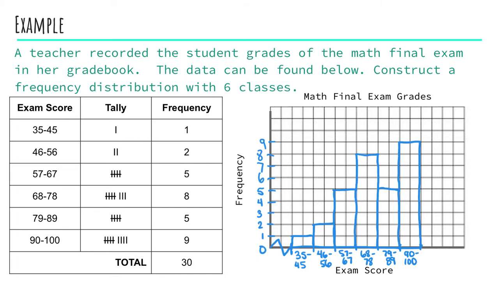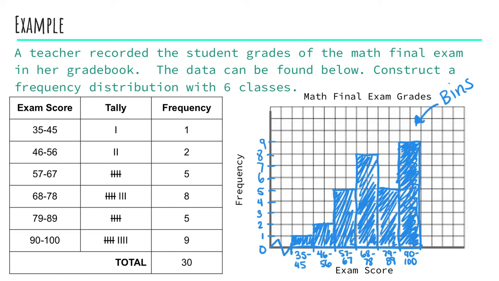After you have outlined all of your bins, bins are these rectangles, we can go ahead and shade them in. This is how you construct a histogram. Because the tail of our graph is on the left, we can say that our graph here is skewed left.